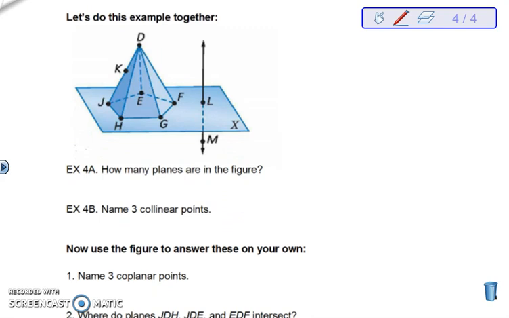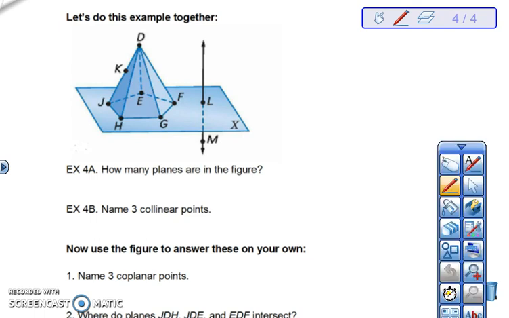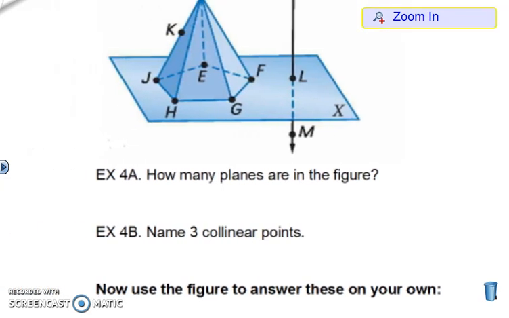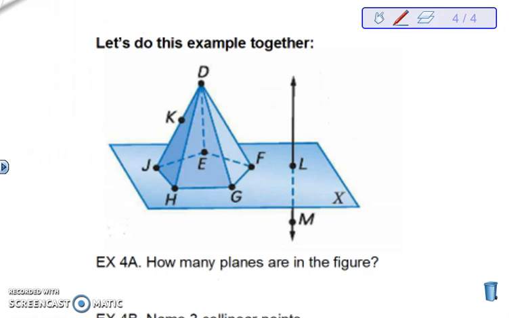So this time it's basically asking us to identify different parts of the picture. So the first thing it wants to know, how many planes do we see? So we definitely have the plane that looks like all the other planes we've been dealing with.